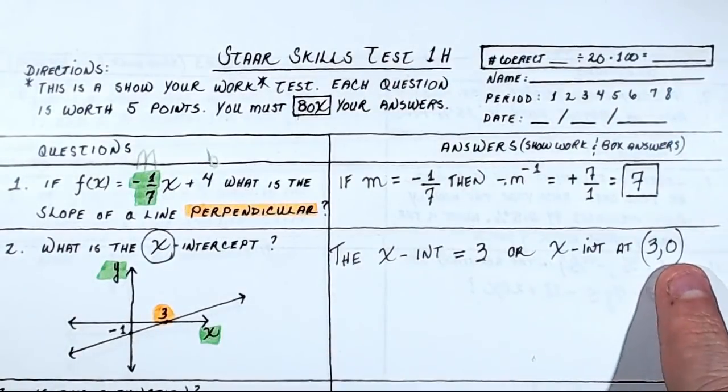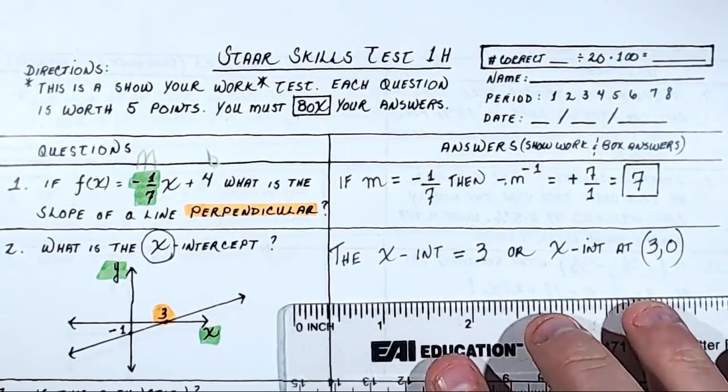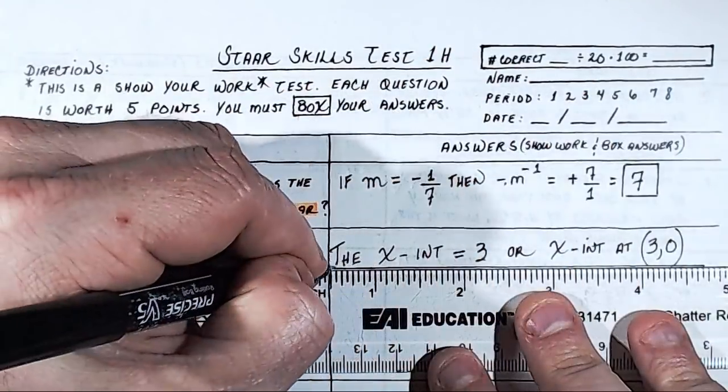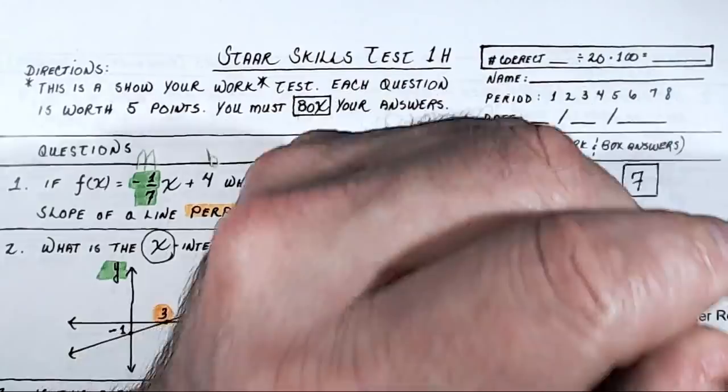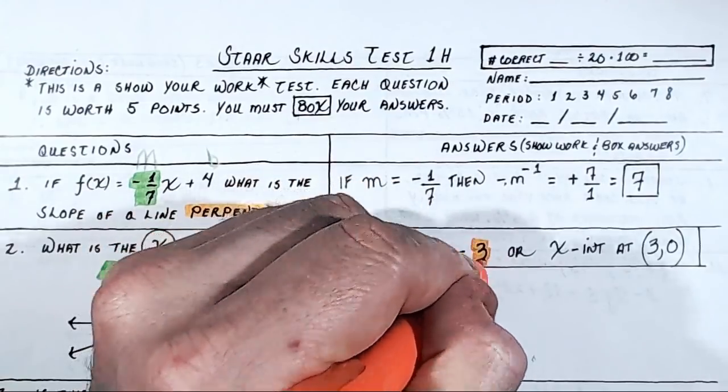What this means is when y is 0, x is 3. So either of these would be fine. Both would be even better. So I'll just put the whole thing in a box. But the key point here is that it's 3.